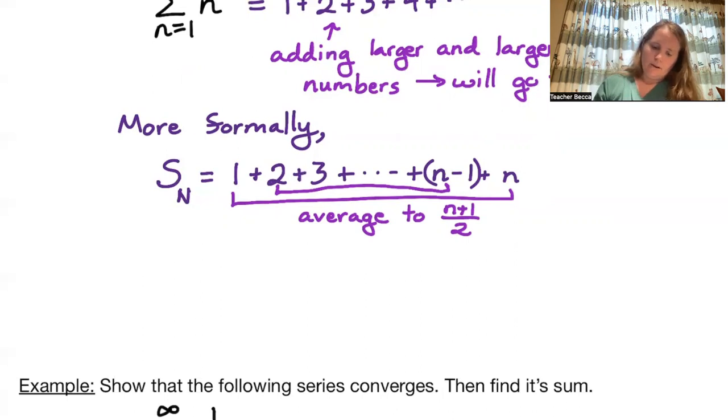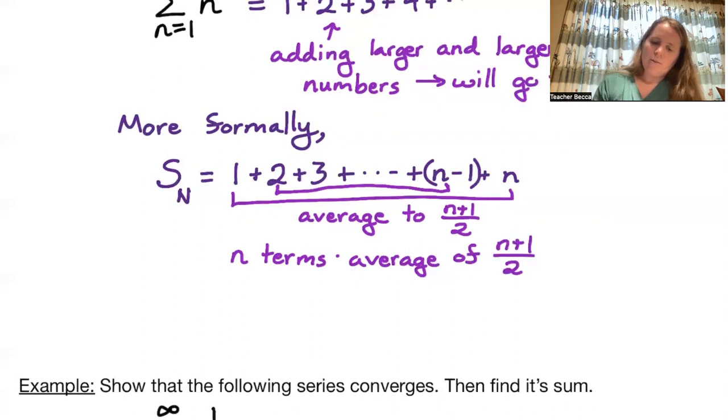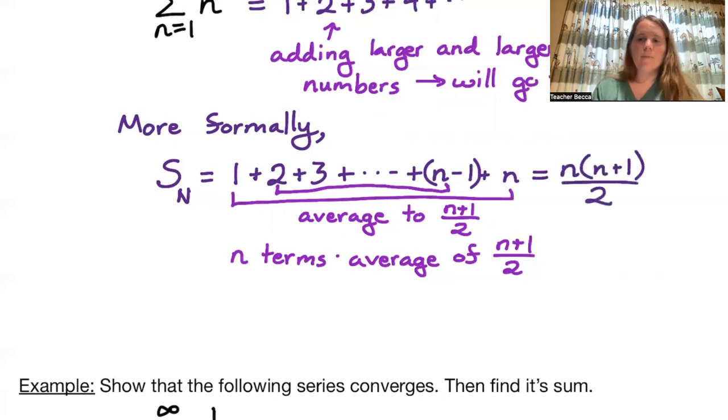And so we have n terms times the average of n plus 1 over 2. We wind up getting then that our sum is n times n plus 1 over 2, n copies of n plus 1 over 2.